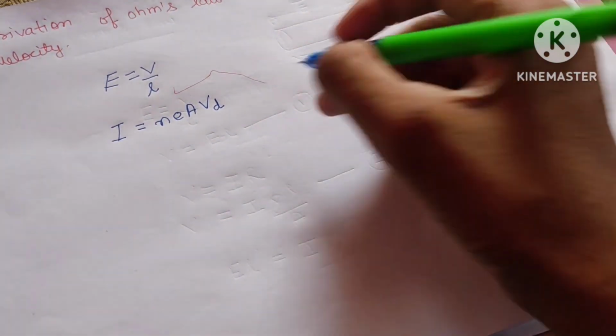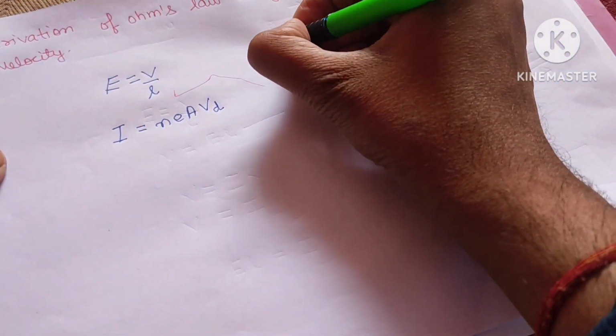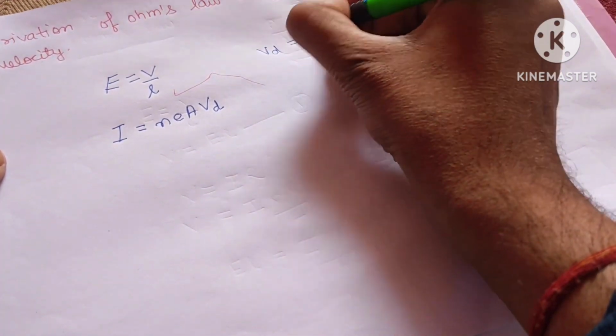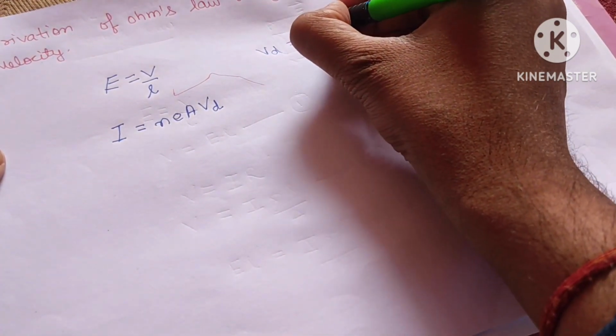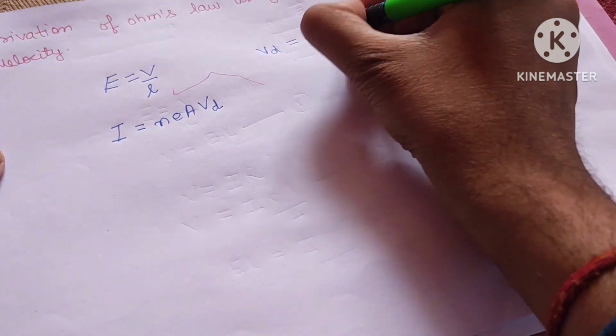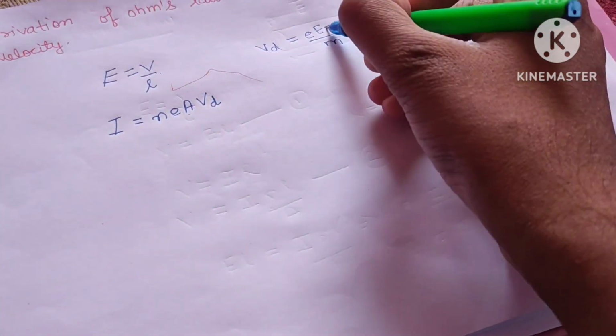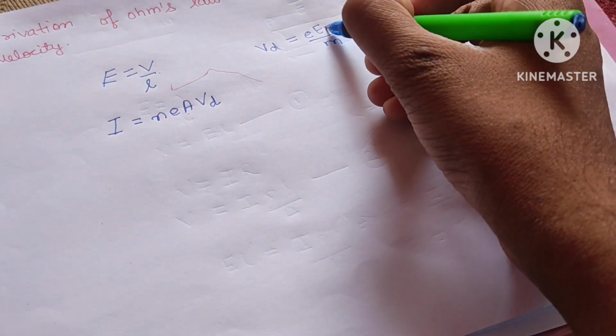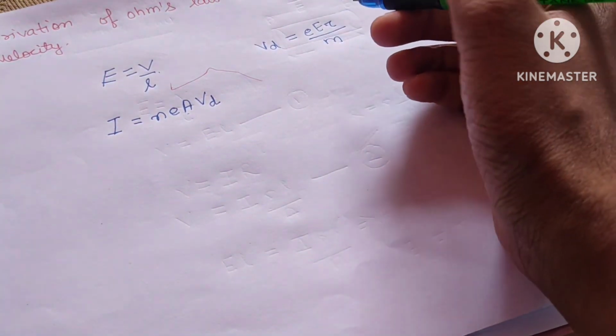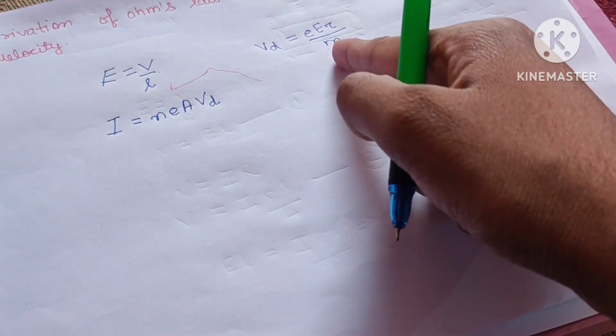We also know that the drift velocity Vd is equal to e times the electric field times the relaxation time, divided by m. So through these equations we'll find our answer.